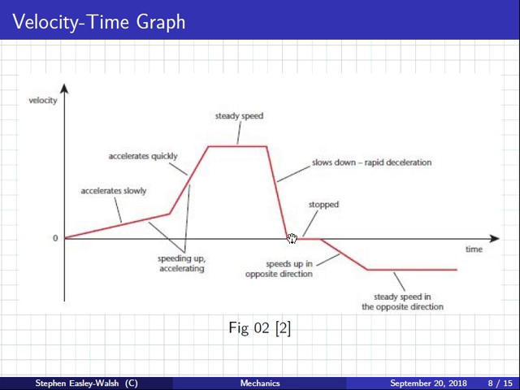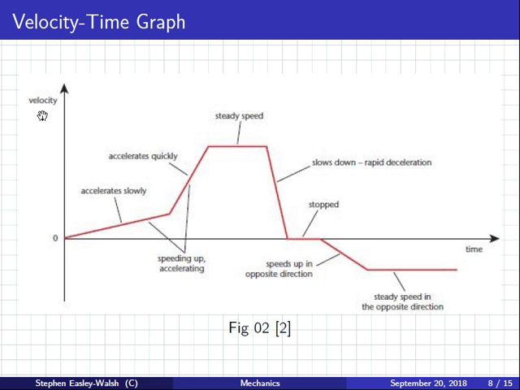Good. Okay, now, here's an example of a velocity-time graph. We can imagine somebody getting into a car. First, this axis is time, and this one here is velocity.